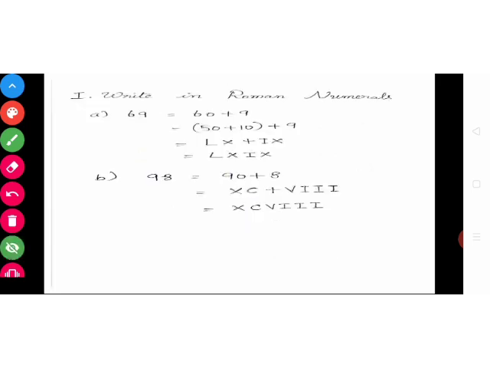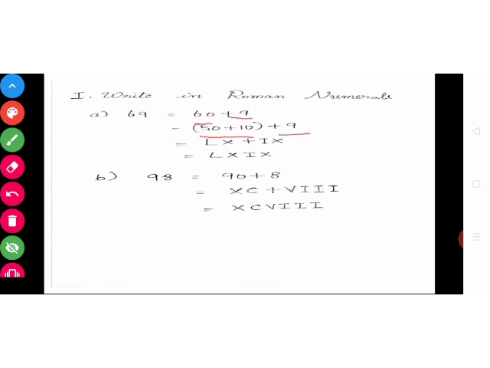So write in Roman numerals. The sum is 69. Split and write 60 plus 9. So this 60 you can split as 50 plus 10. This plus 9 as it is.